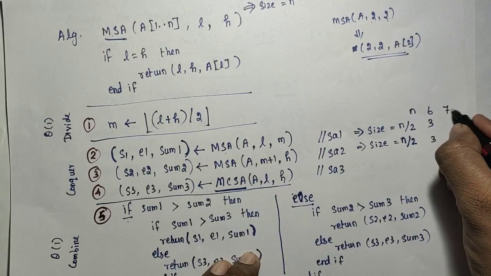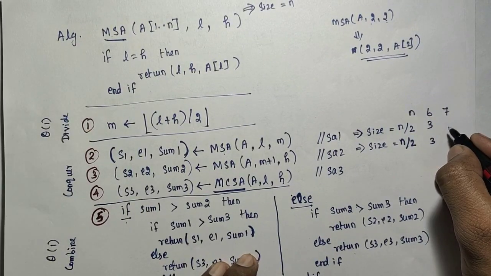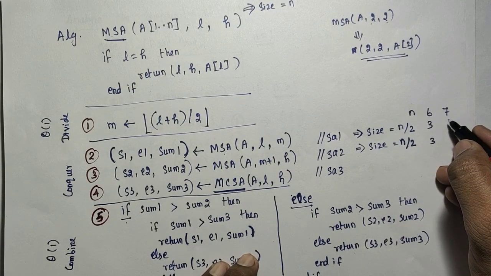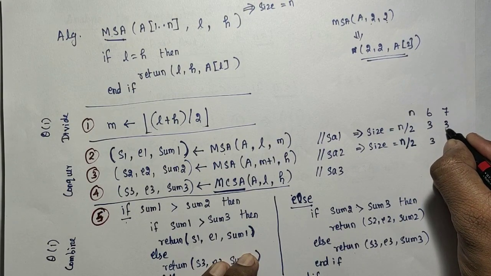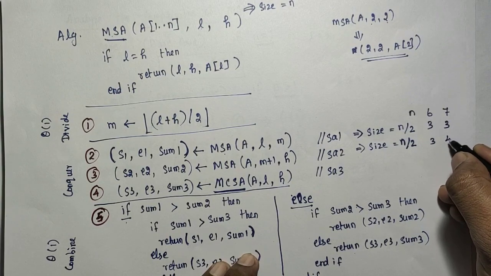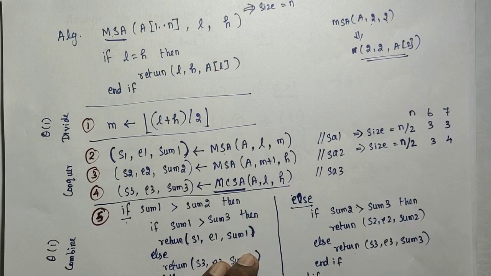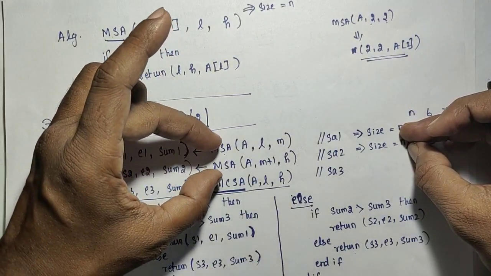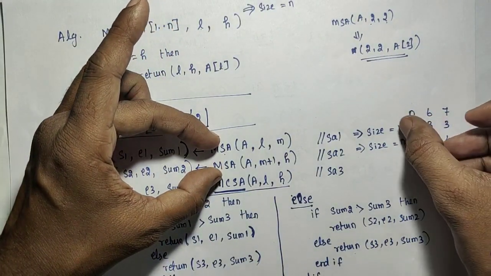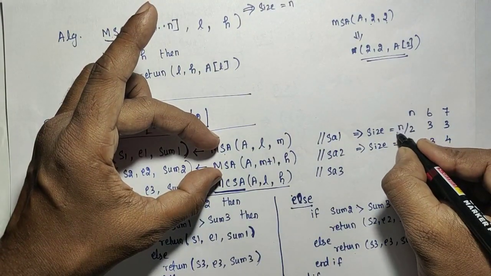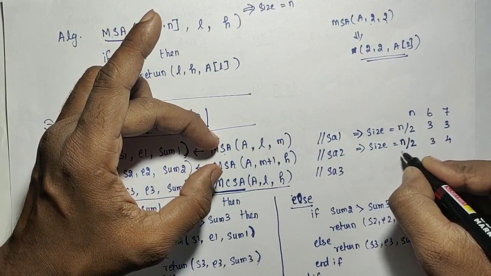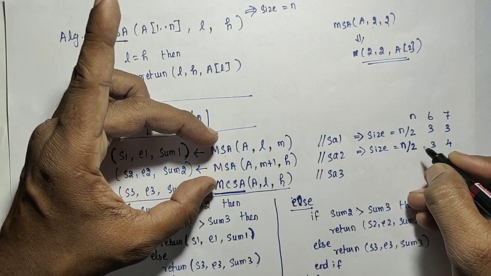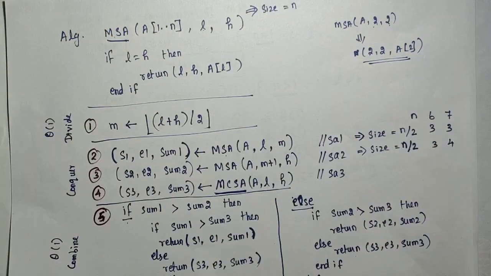If n equals 7, it will be divided into 3 and 3, and the one additional element goes to the next one. But the total size is n, and we are going to add only the complexity of both. We can consider this as a floor and this as a ceil. Since we are going to merge both, we can ignore this and simply consider n by 2, n by 2 for the analysis.